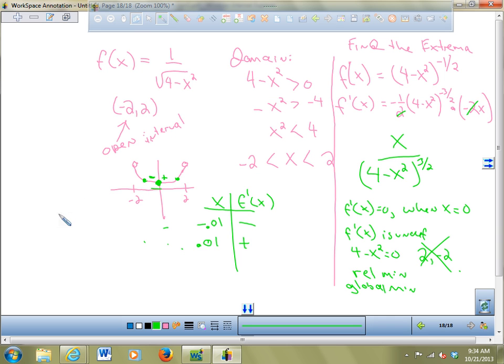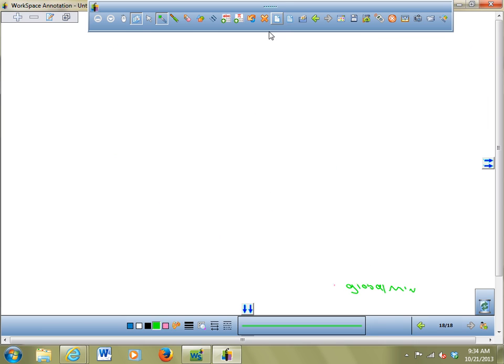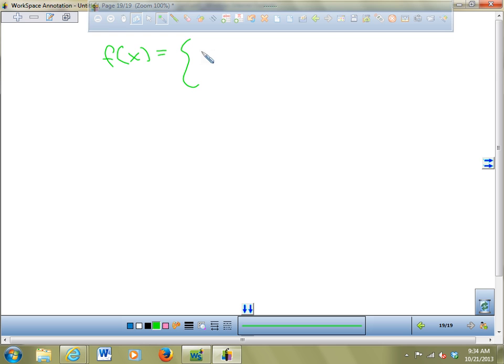So we've got to do one with a piecewise function. For this piecewise function, it has to do with a logarithmic function. So with a piecewise function, f of x equals, you might have noticed that the calculus people like to give you piecewise functions, don't they?